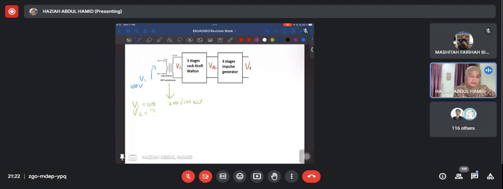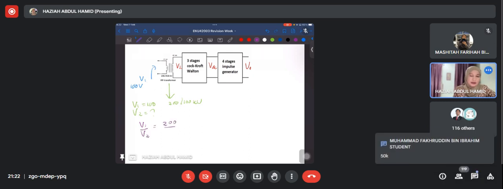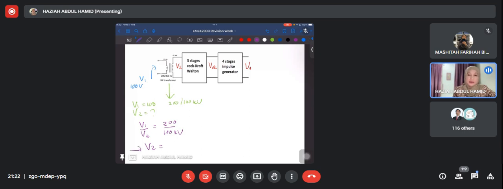V1 per V2 is 200 kV. Okay, cepat tolong kira. So V2 berapa? Ada kawan kamu dah kira 50 kV, betul ke? 50 kV. Betul. Cepat, apa kira ni? So V2 sama dengan berapa? Kena kira.